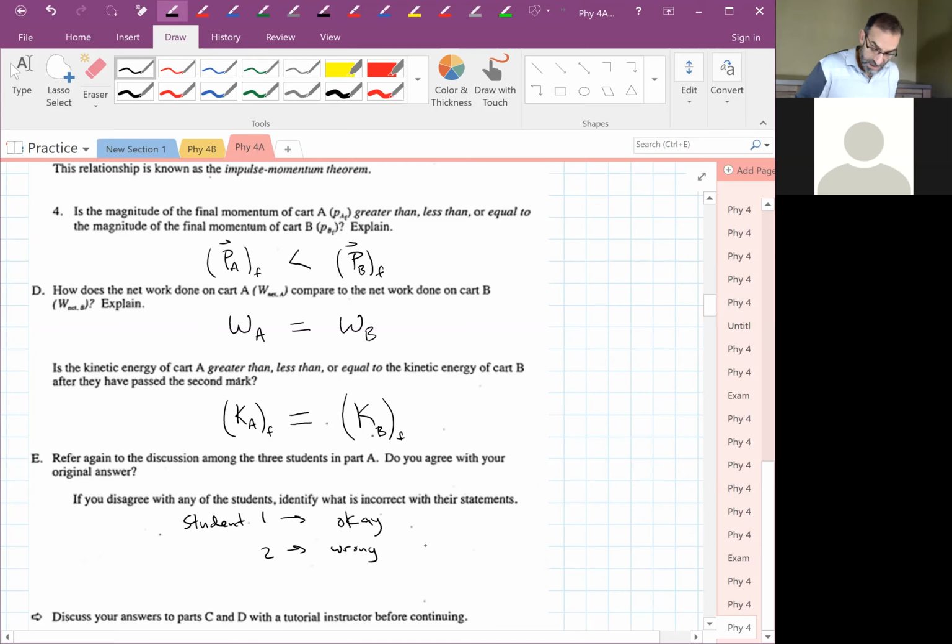The momentum of B is greater than the momentum of A at the end. And student 3 was also wrong. Student 3 said that the kinetic energy would be more for the lighter one because it was going faster, v squared, so the velocity has the bigger effect. But it turns out that that's when it compensates exactly.